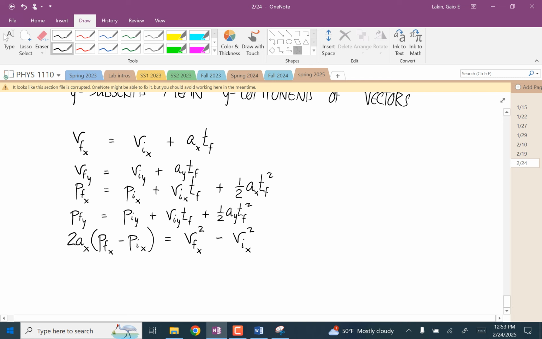And then the last one is 2AY times the quantity PFY minus PIY is equal to VFY squared minus VIY squared.